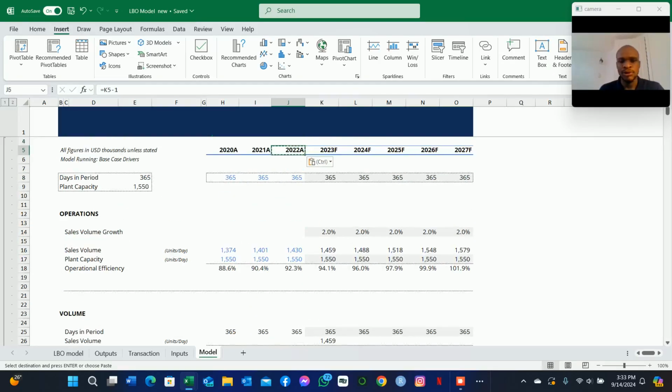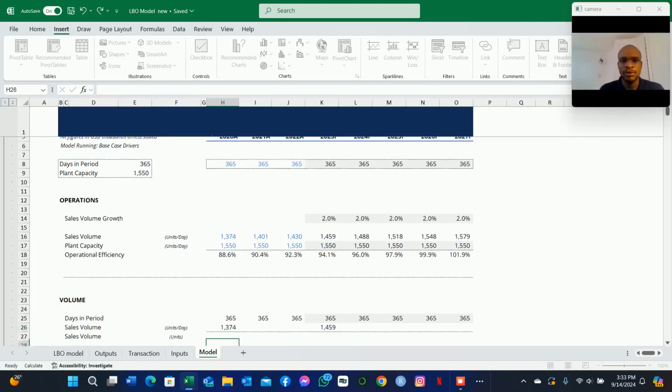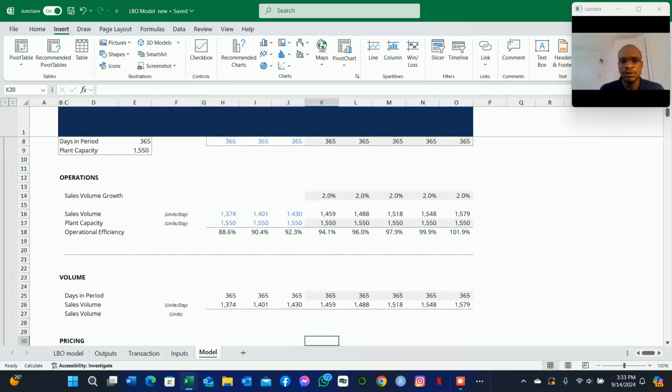So we have it set up there. And now we could also account for the volume from 2020 to 2022. So we have that set up. And we can now fill this to the right with Control R.